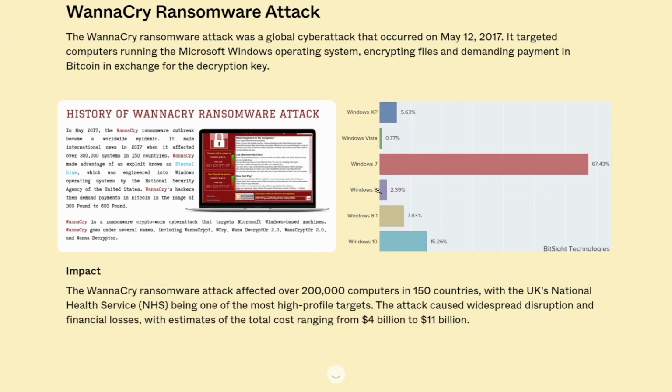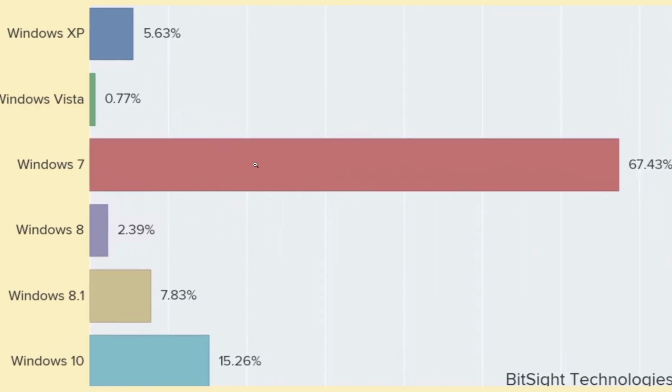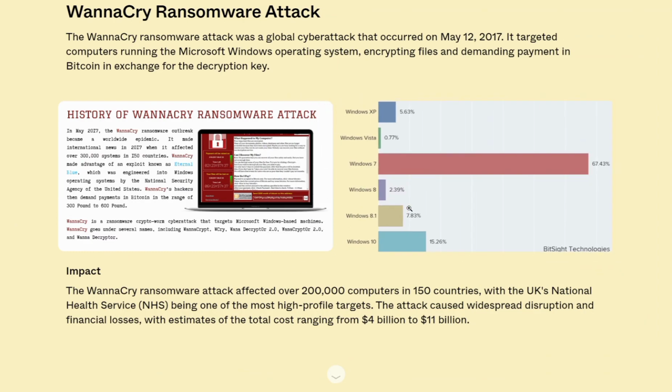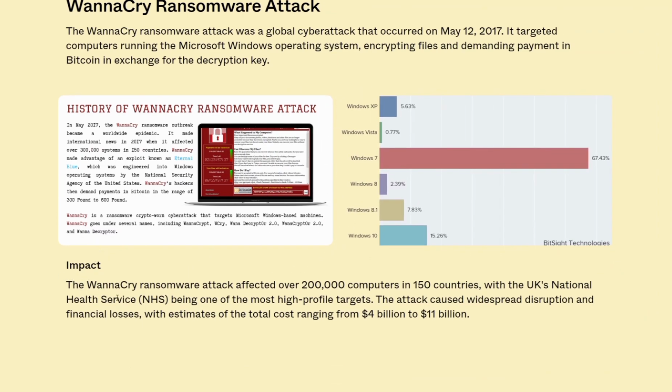So next, this is the percentage of operating systems exploited by the WannaCry ransomware attack. Here we can see Windows 7 is the most exploited operating system for this attack. Windows Vista is the least.